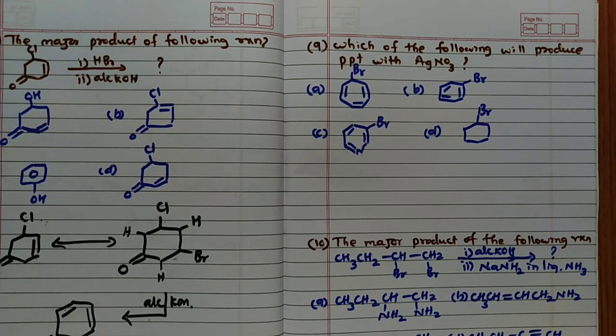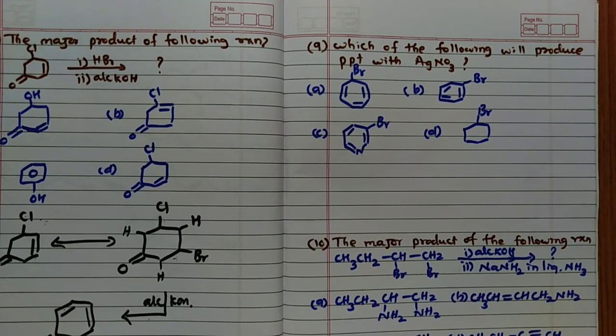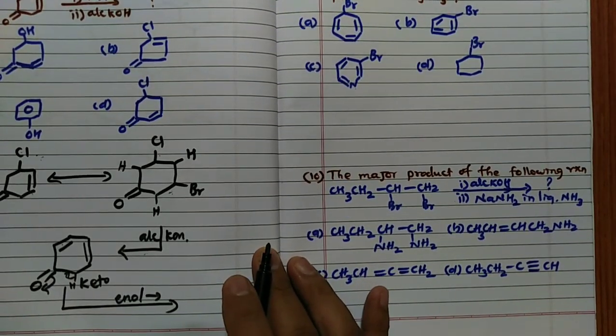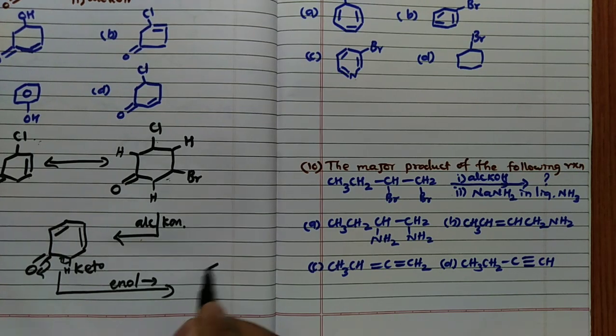Now this is not stable, because it is the keto form. Now we will write the enol form. What is the enol form? This is a CH2 group, right? Hence this hydrogen I will write here as a double bond, and this will make O minus, and H will become OH. Hence we will write the enol form of this.